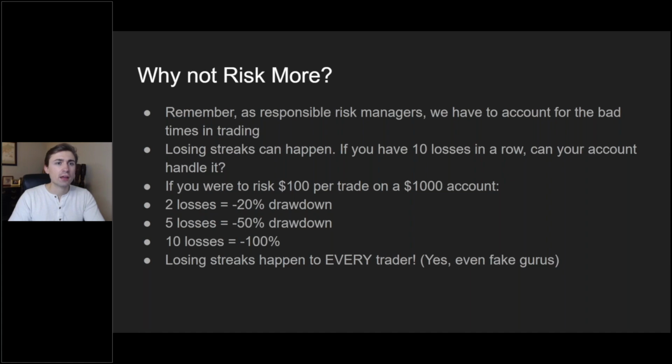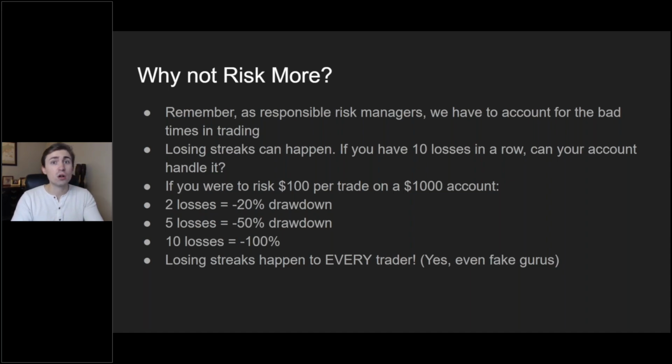To keep the math simple, you have $1,000, it goes down to $500. You need to make $500 to get back to $1,000. 500 over 500 is 100%. You need 100% gains, even though you just had a 50% drawdown. The math is unkind to traders who get into sticky drawdown situations.